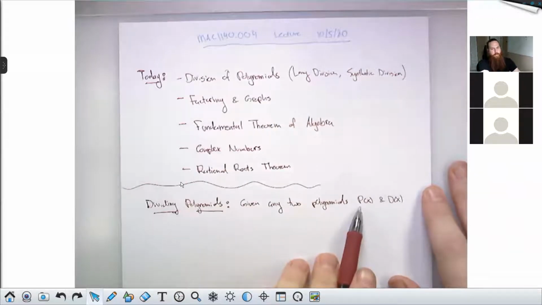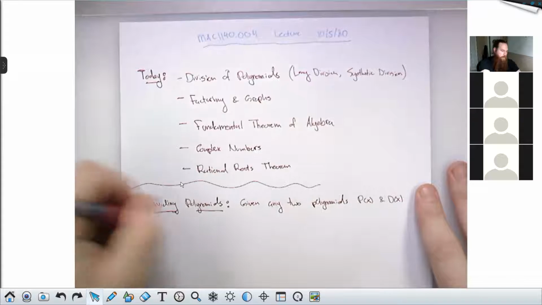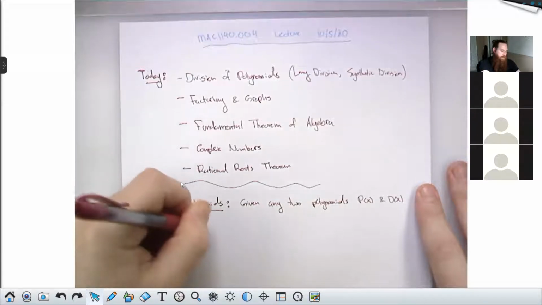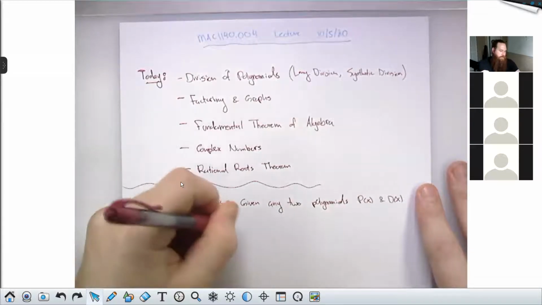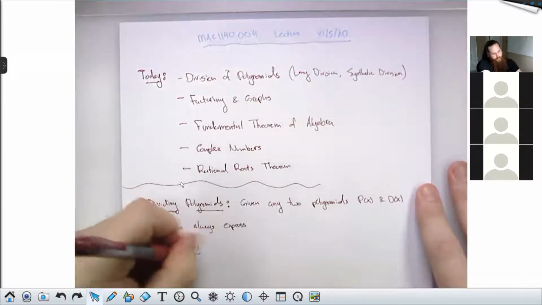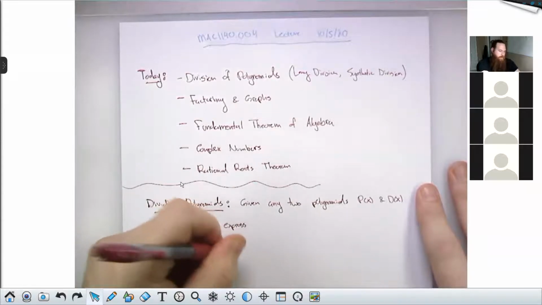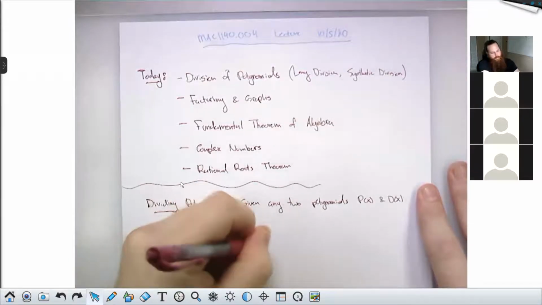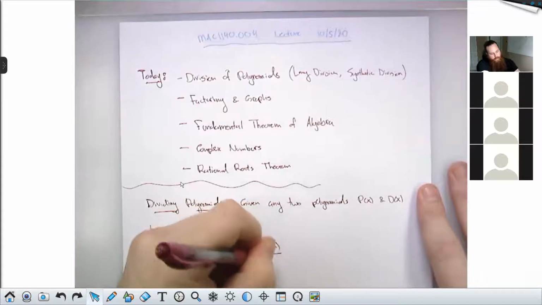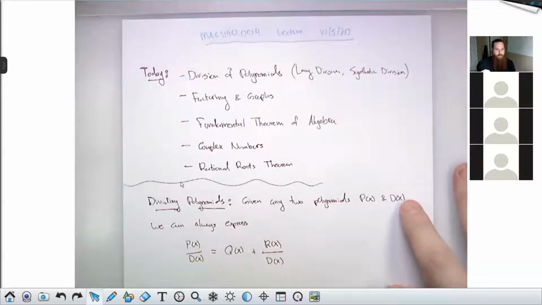So you kind of think of it, we're going to start with the polynomial P and try to divide it by the polynomial D. We can always express P of x over D of x as some quotient polynomial plus some remainder polynomial over D of x. So here D is usually called the divisor, Q is usually called the quotient, and R is called the remainder.